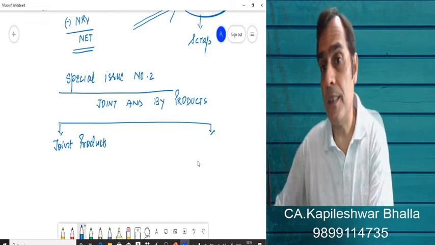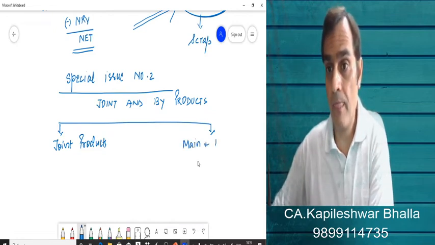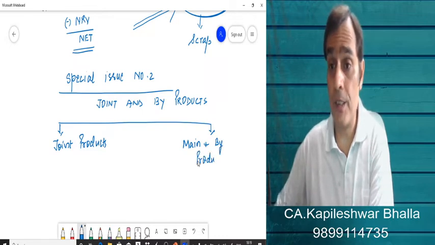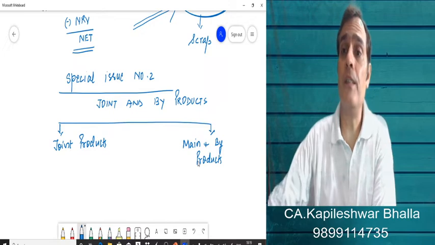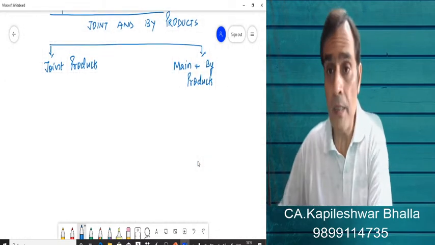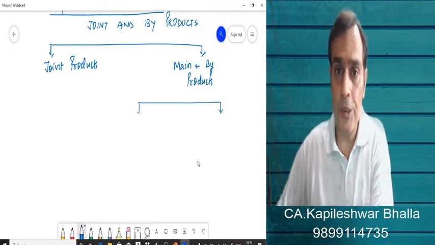And one is, it is a case of main and byproducts. So either it would be a case of joint products or it would be a case of main and byproduct.